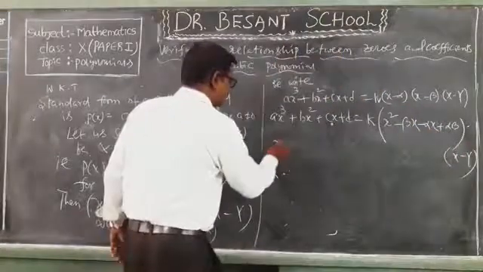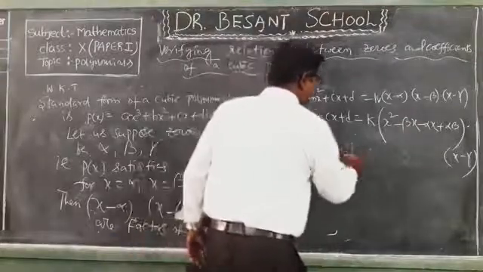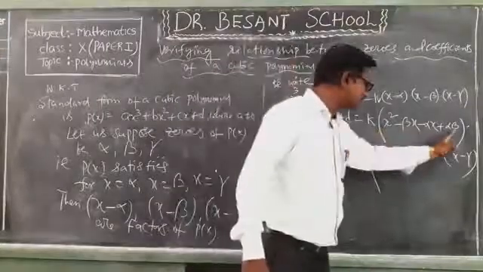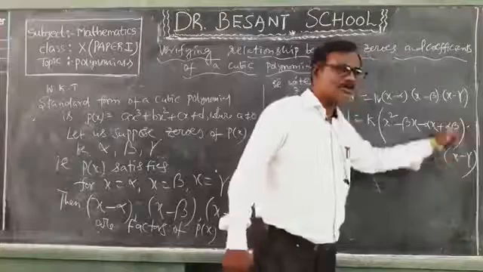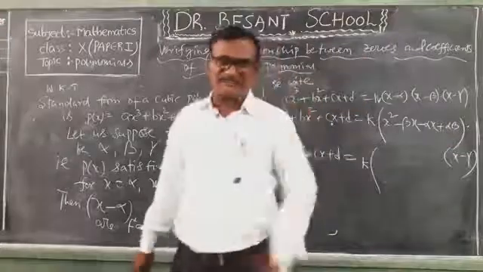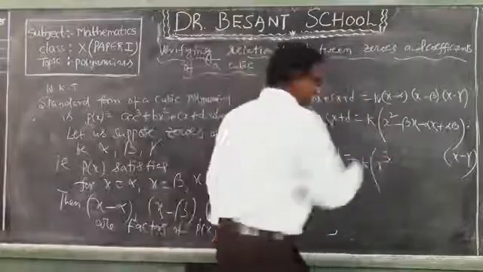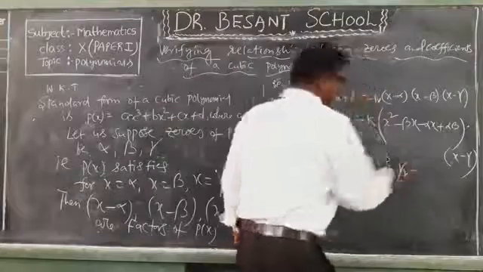Now it is ax cube plus bx square plus cx plus d is equal to k into, now observe, here we have 4 terms, here we have 2 terms. By multiplying these 4 terms with these 2, 4 twos are 8 terms you will get. Let me multiply. X square into x, x cube. X square into minus gamma, minus gamma x square.